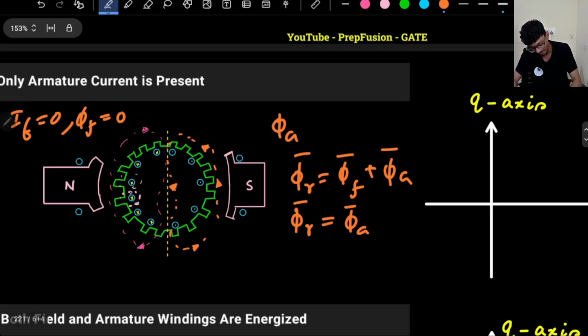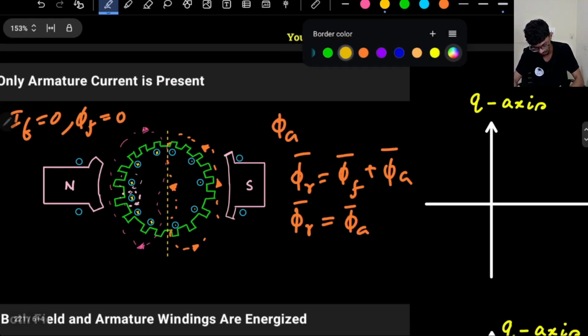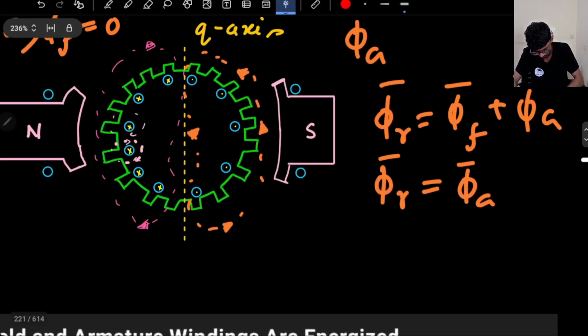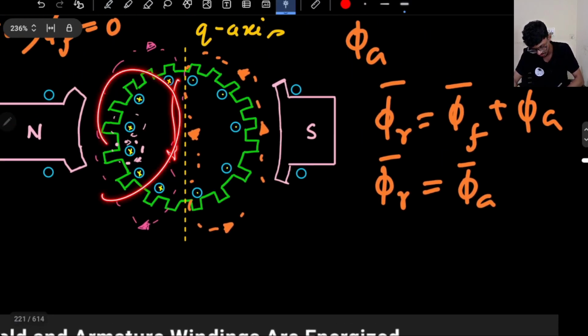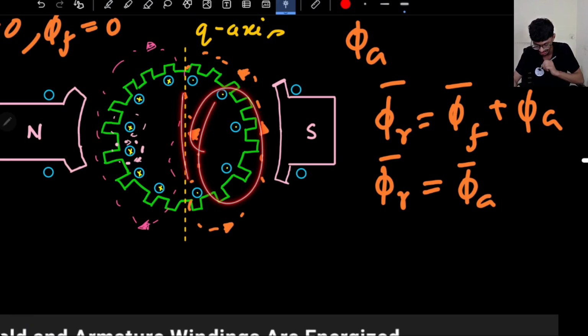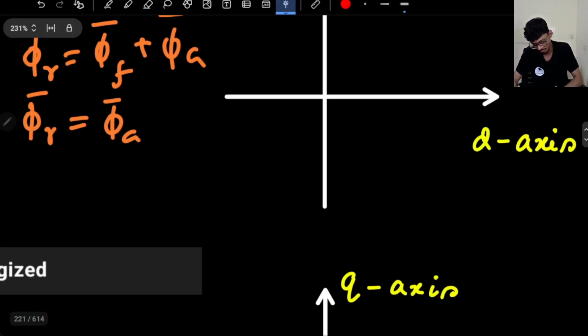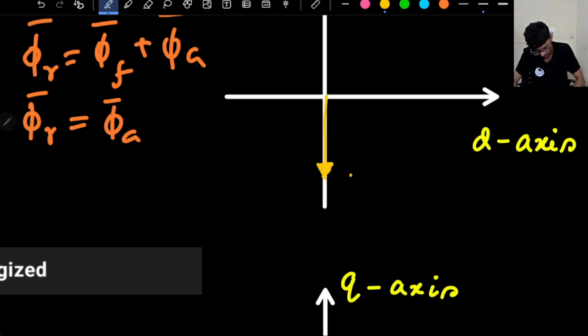Along the q axis the direction is downwards; from the left hand side also it is downwards because it is clockwise, from the right hand side also it is downwards because it is anti-clockwise. So the direction of the flux on the q axis will be downwards, right? This will be my phi a and this will be equal to my phi r.